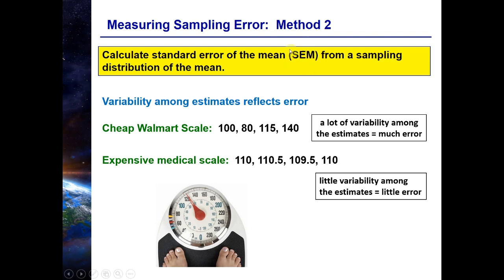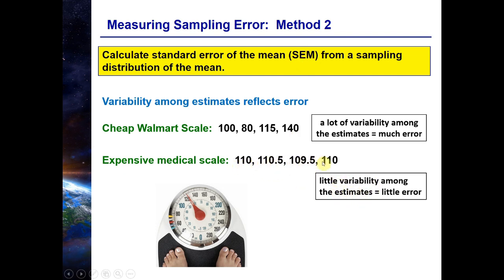So we're going to be estimating mu using X bars, right? We're going to take a whole whack of X bars, and then we're just going to measure the variability among those X bars. And that gives us SEM. And that means if we have a small SEM, it's like this case, right?